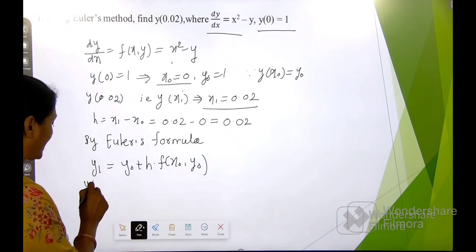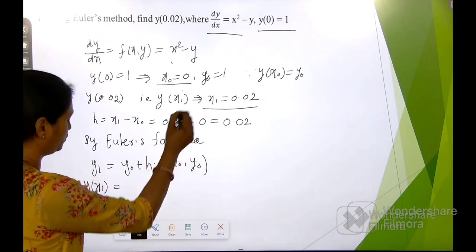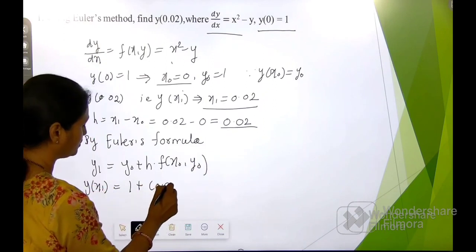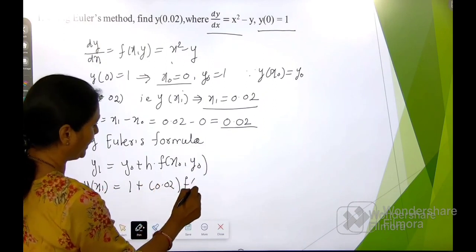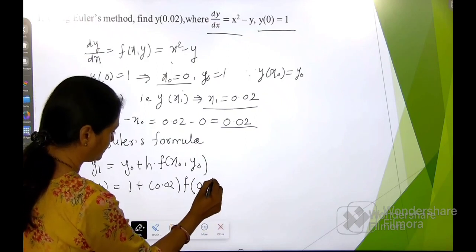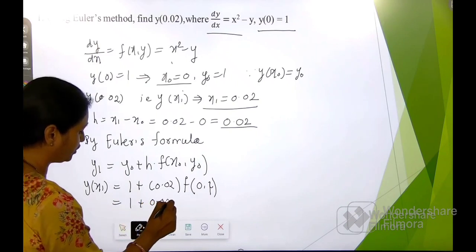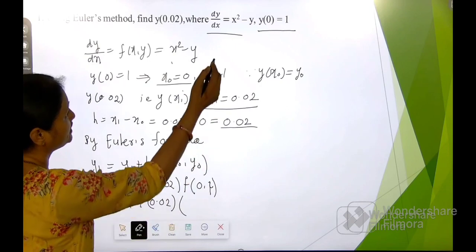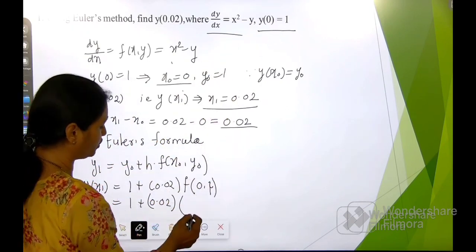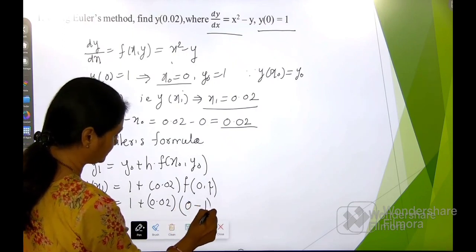Now y1 means y of x1. Here we have y1 is equal to 1 plus our h, which is 0.02, into f of x0 is 0 and y0 is 1. So this is equal to 1 plus 0.02 into our function x square minus y, that means x0 square minus y0, so x0 is 0, minus 1.